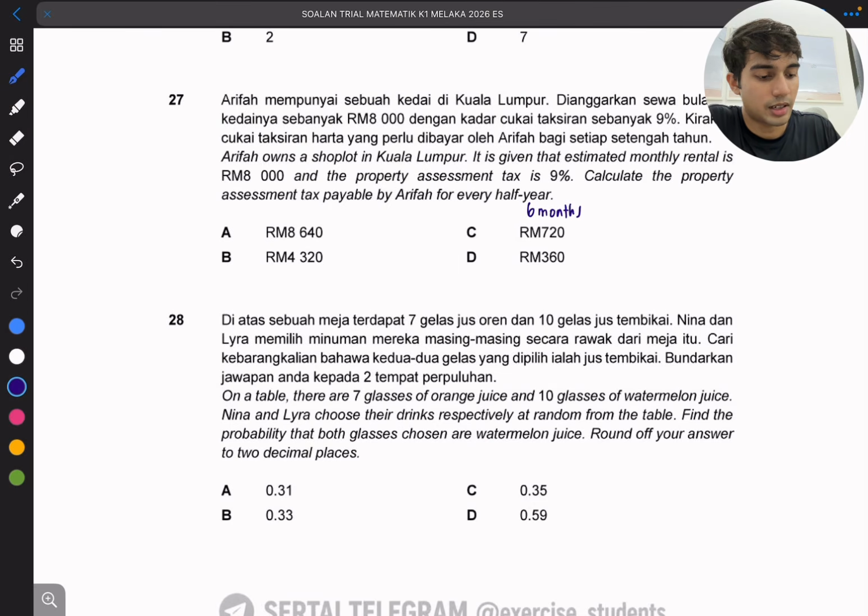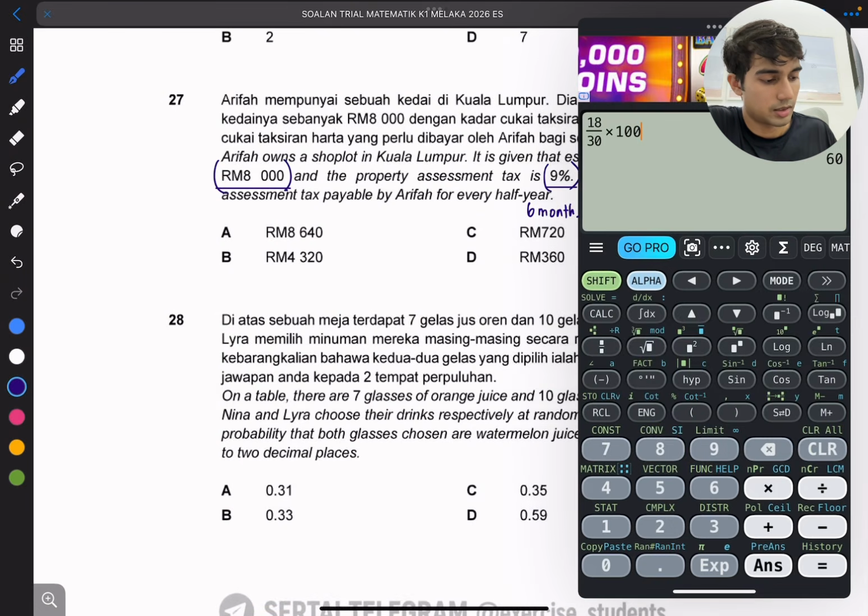Okay, let's calculate how much tax she is paying per month. So her monthly rental is 8,000. Her tax is 9%. So 9% of 8,000 is 720. So every month she needs to pay 720 ringgit. How much for 6 months? You just times 6.